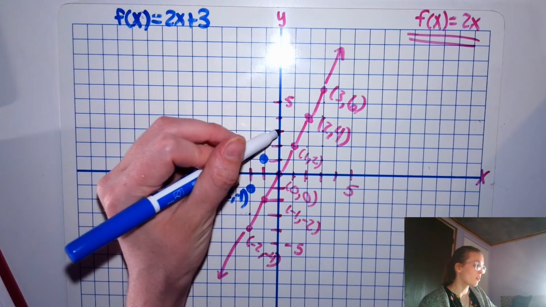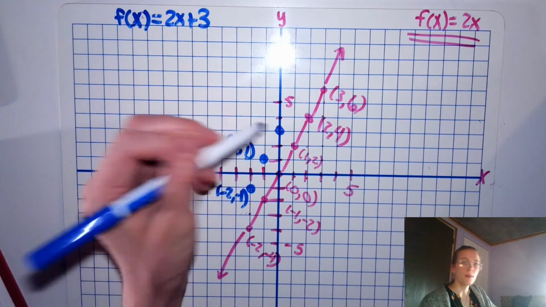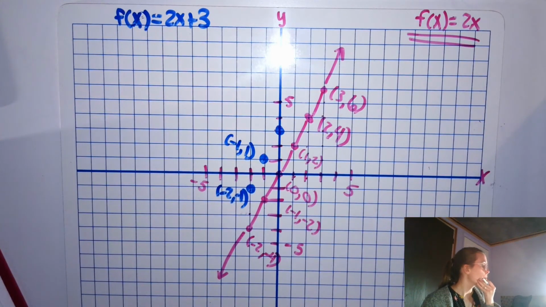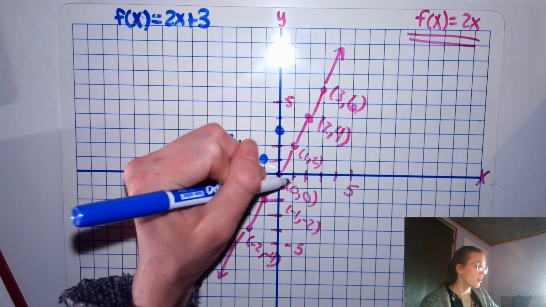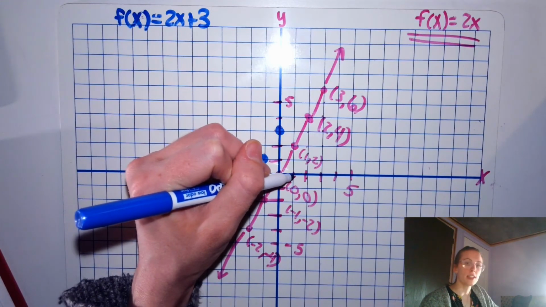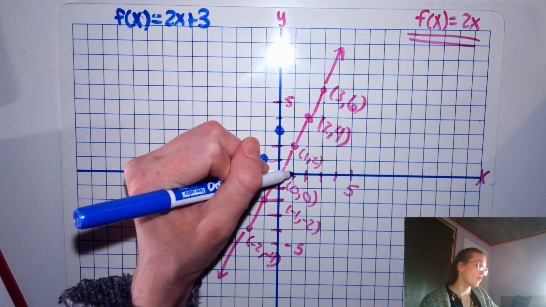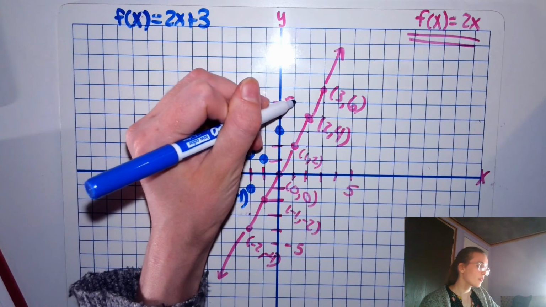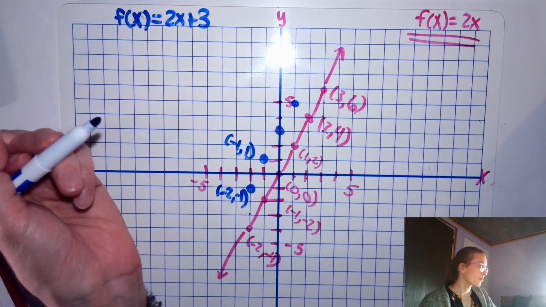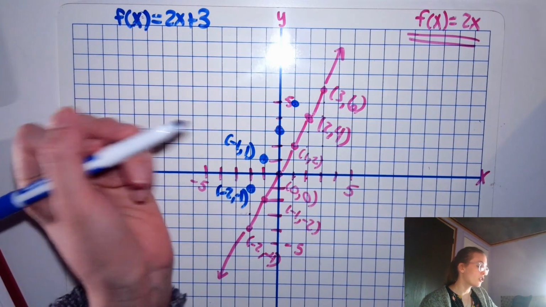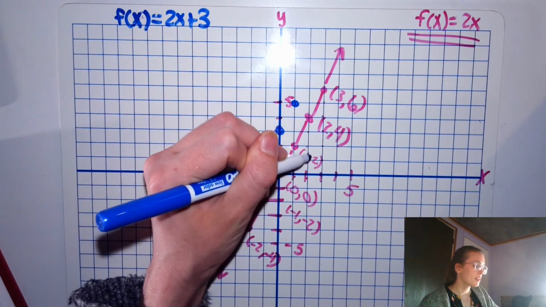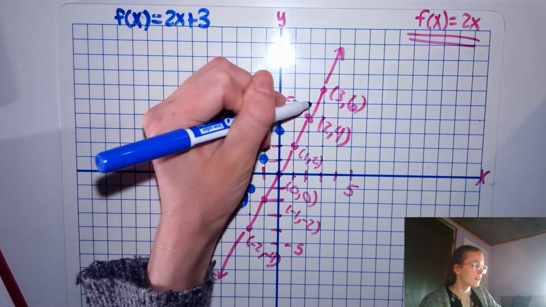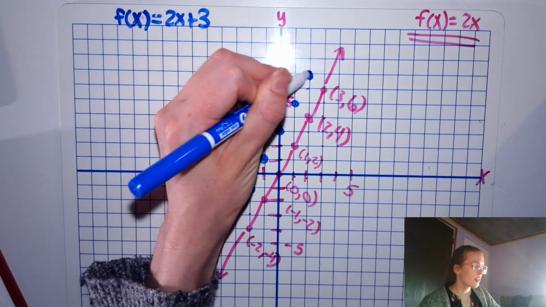1, 2, 3. Okay, now we've got x is 1, y is 5, so we go over here to 1 on the x-axis and up to 5 on the y-axis. Then x is 2, y is 7. So you go over to 2 on the x-axis, up to 7 on the y-axis. Go past 5, 6, 7.